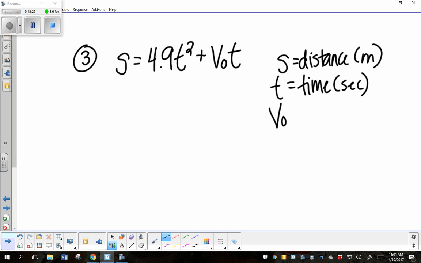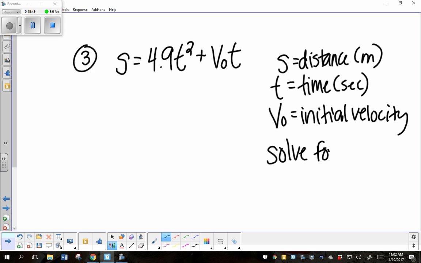So this is the initial velocity. Because it's going to depend on how hard you throw the rock down. Right, Jake? It's going to depend on how hard you throw it down. So that V naught is, like, when it leaves your hand, how fast is it going? So you might drop it kind of slow, or you might throw it really hard. All right. So we are going to solve for T.